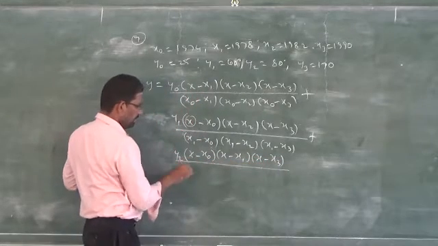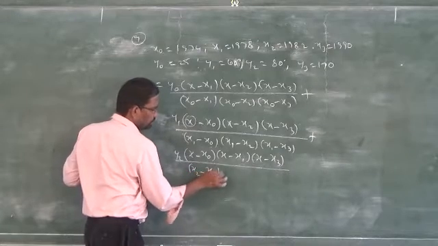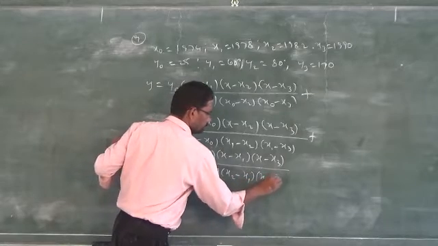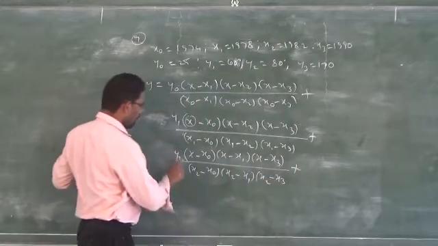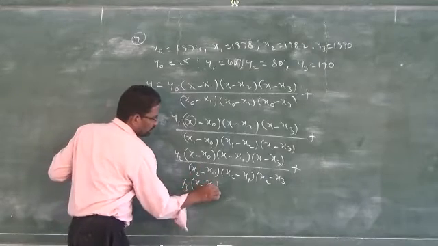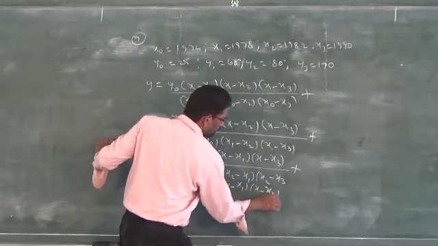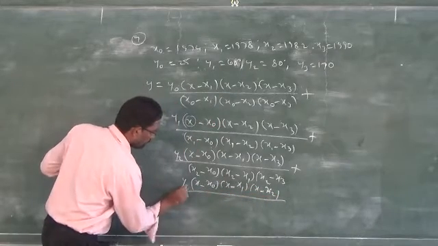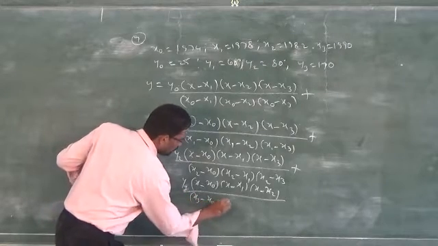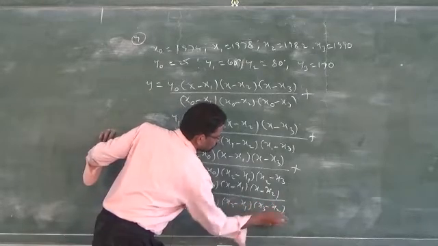So you memorize the formula here too. Therefore x is replaced by x2, no changes in the second term, plus after y2 you have to write y3, that is (x minus x0), (x minus x1), (x minus x2) over (x3 minus x0), (x3 minus x1), (x3 minus x2), that's all.